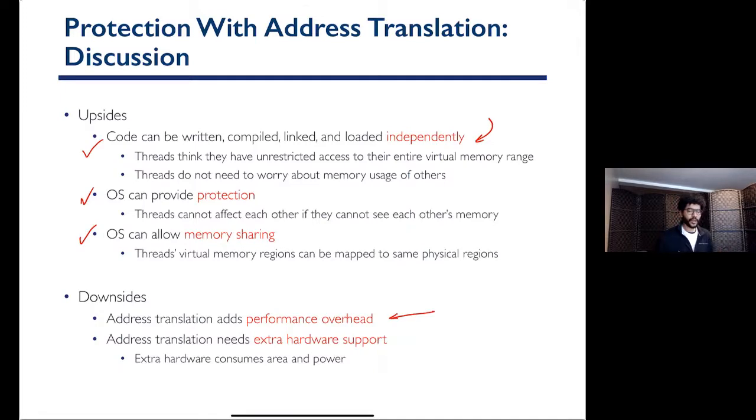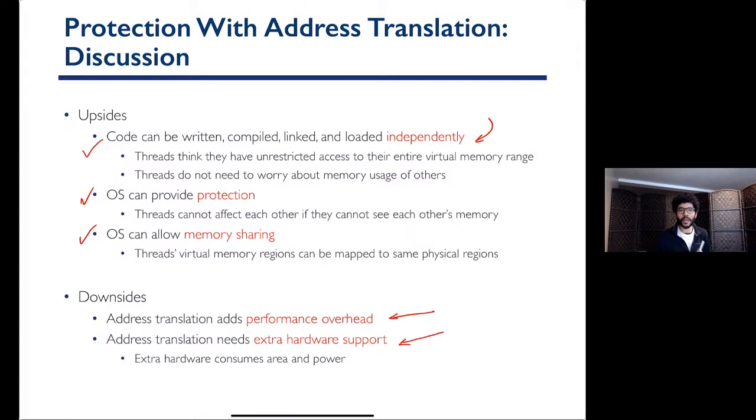One way to do this is to do the translation in software, basically allowing the operating system to, for example, interpret every line to see what the address is, but that's going to be really slow. So if we want to do this in hardware, this would mean that we need to add extra hardware for this because we want performance, right?